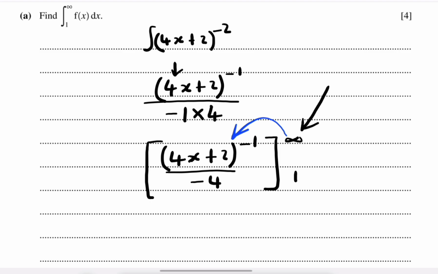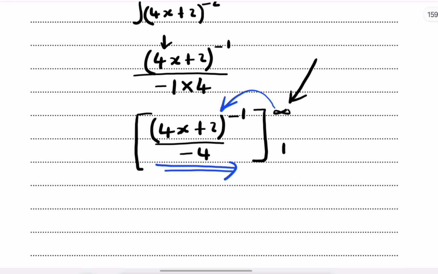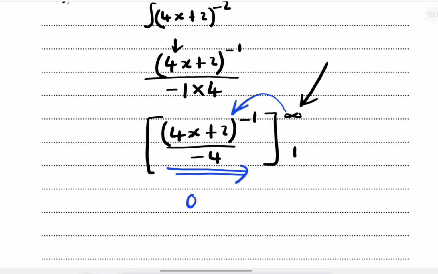We're not saying 0 is standing in for infinity, but rather that substituting infinity into this expression makes the whole thing approach 0. Please get that right, because if we substitute 0 for infinity, we'll get a value which is not correct. So we write 0 as a result.